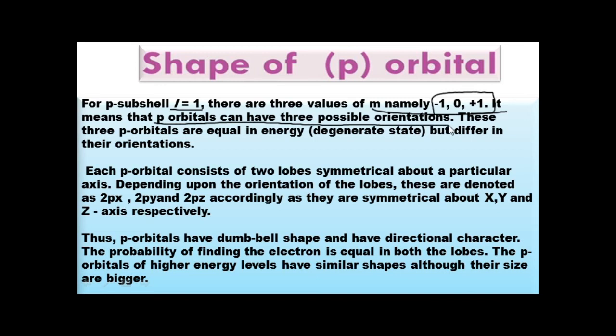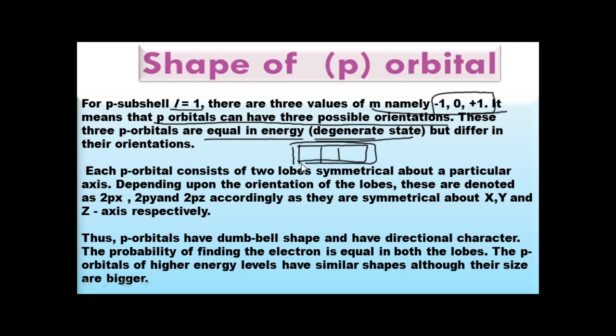These 3 p orbitals have equal energy, that is, they are degenerate. This is without a magnetic or electric field. In the presence of a magnetic or electric field, they are not degenerate. Otherwise the p orbitals have equal energy. So this is degenerate, but with different orientations.